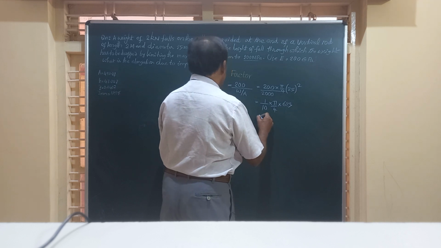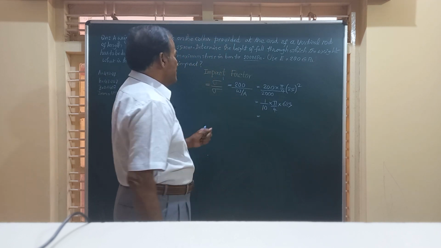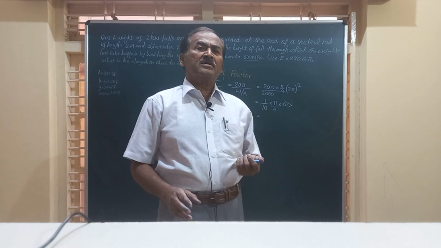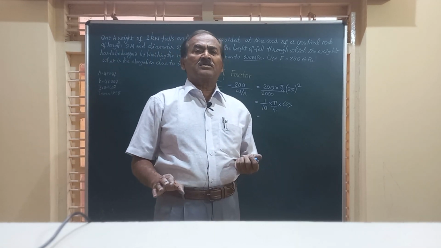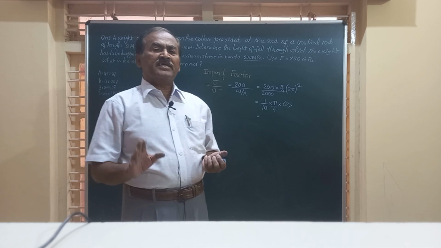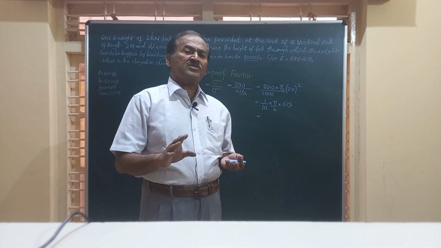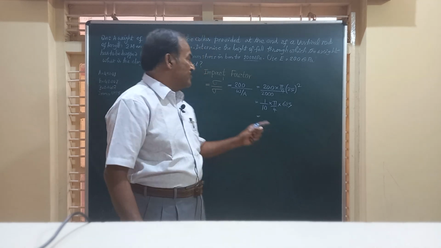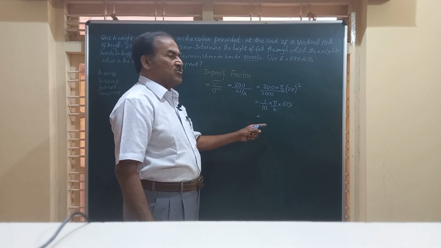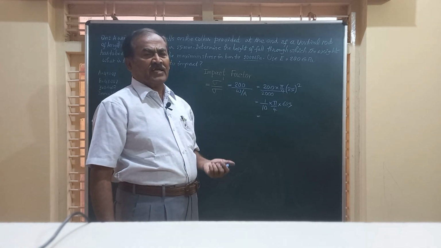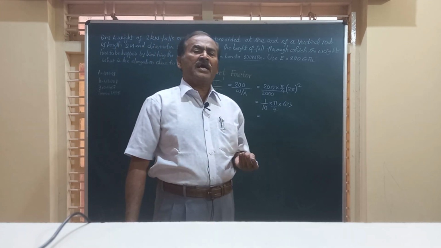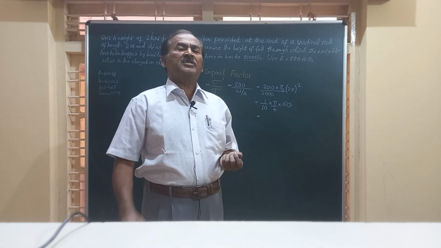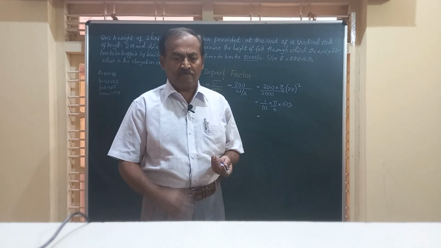Friends, if you simplify this, you will get this ratio, that is the impact factor. So impact factor represents to what extent the stress due to impact is more than that due to the static load. If you simplify this, you will get the answer. Very obviously, it has to be more than one in every case and in all types of impact loading.